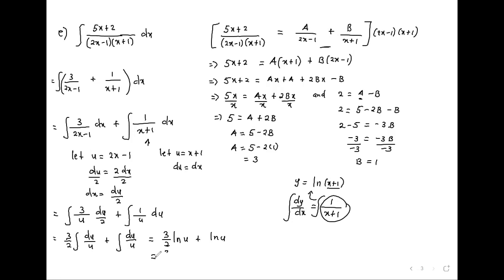Then substitute our ln, so I have 3 over 2 ln of this u here, which is this one, 2x minus 1. So I'll put it in absolute value because ln does not take negative numbers. Plus ln of u, now this u is this one, x plus 1, plus c. If you can't remember what your u's are, then use different notation. You can use u and w on the other side.